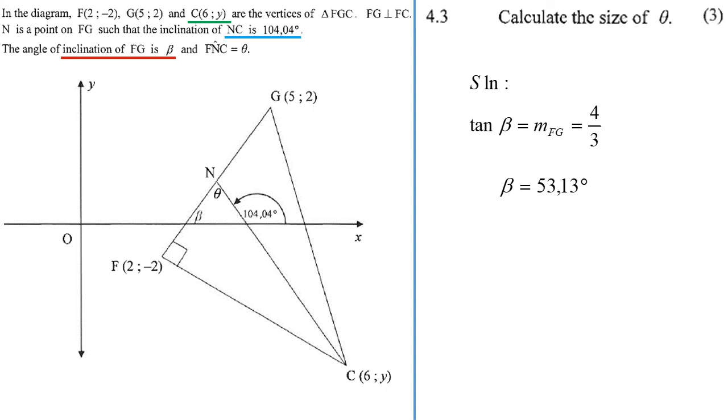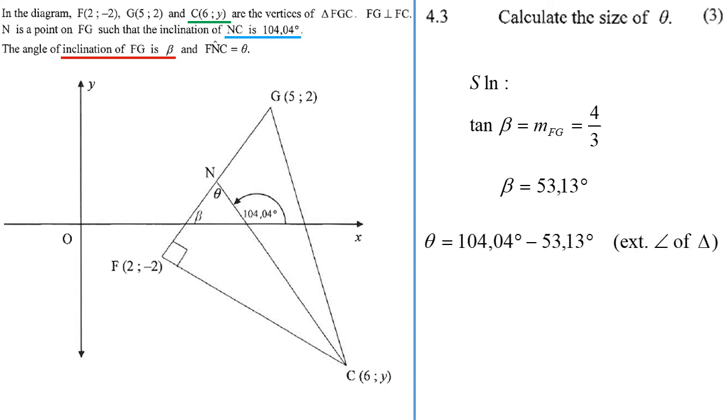So now our beta is equal to 53.13 degrees, which is an acute angle between 0 degrees and 90 degrees. It's valid. Now that we have beta and the exterior angle, since theta plus beta is equal to 104.04 degrees, theta is equal to 104.04 degrees minus beta.